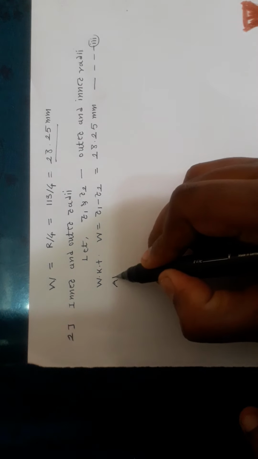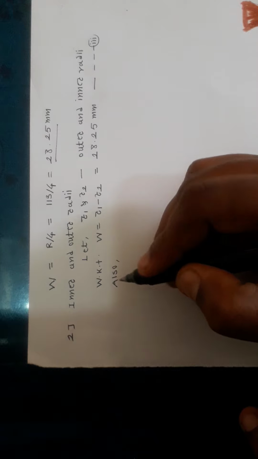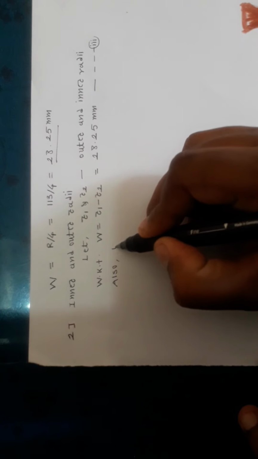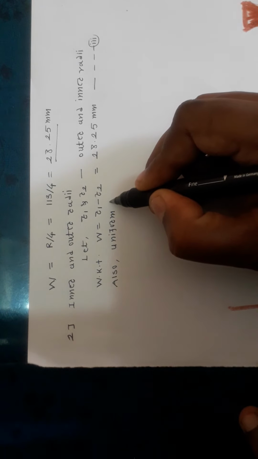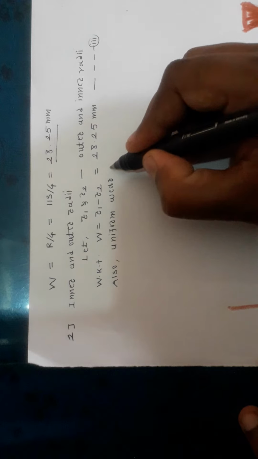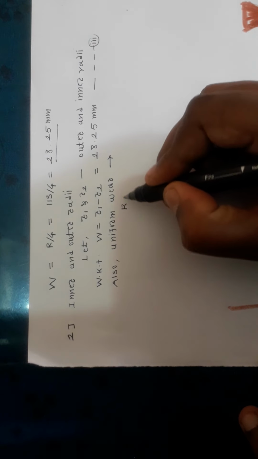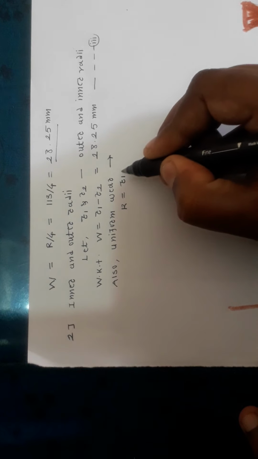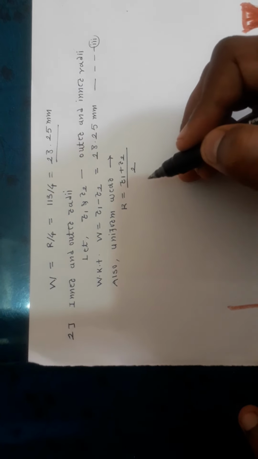Also from uniform wear theory we know that the mean radius capital R is in terms of R1 plus R2 divided by 2.